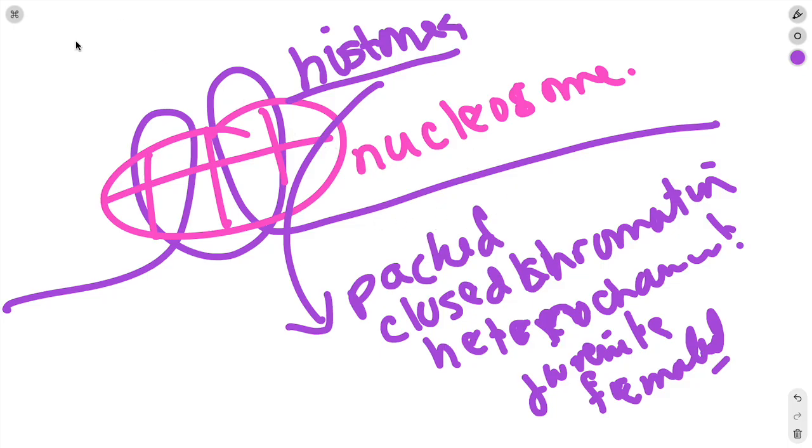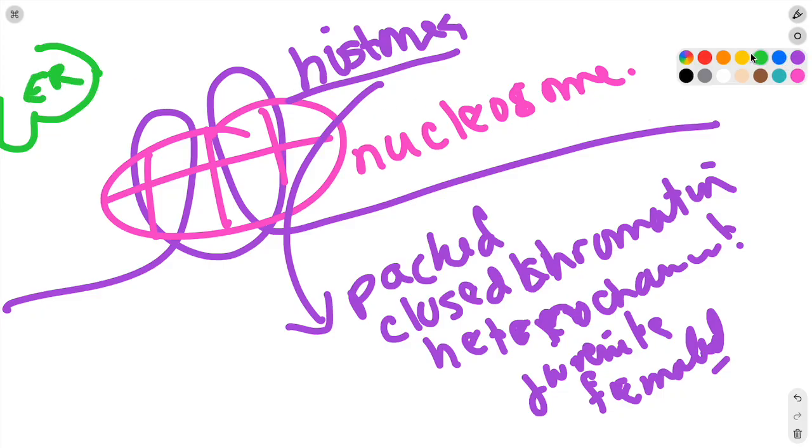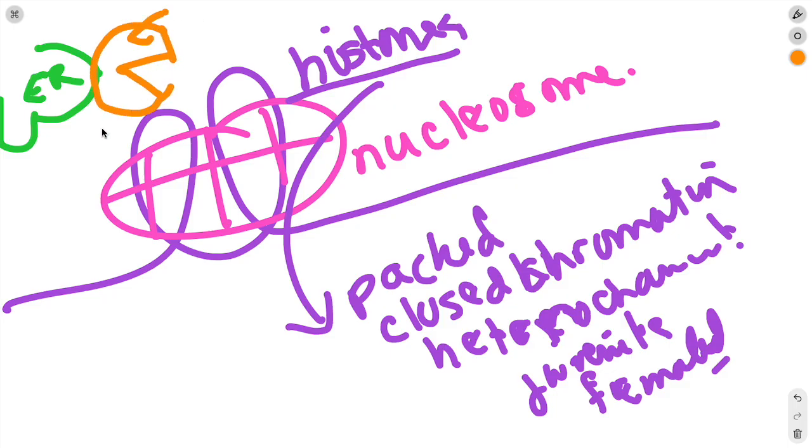What the estrogen receptor is doing is holding onto an enzyme, and that enzyme is a histone deacetylase.